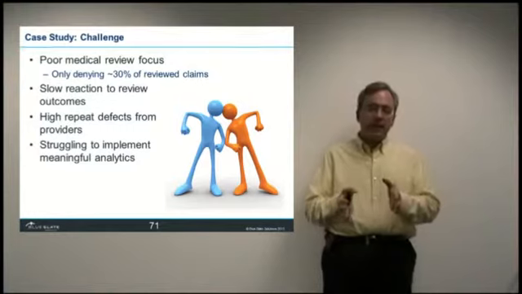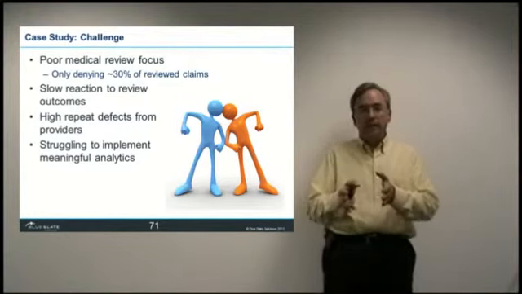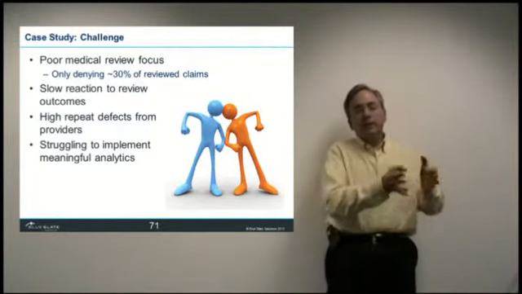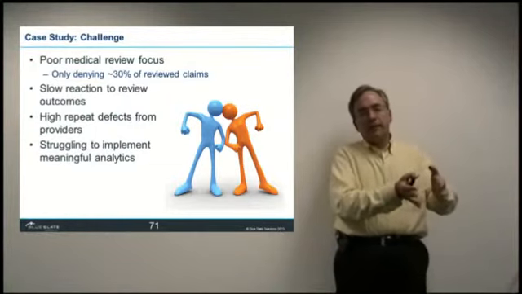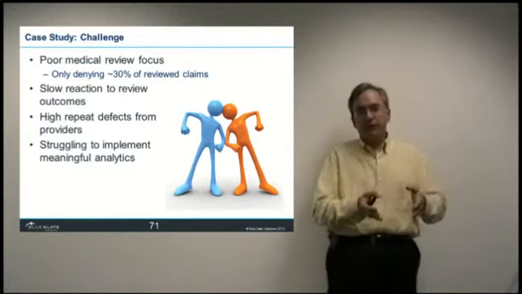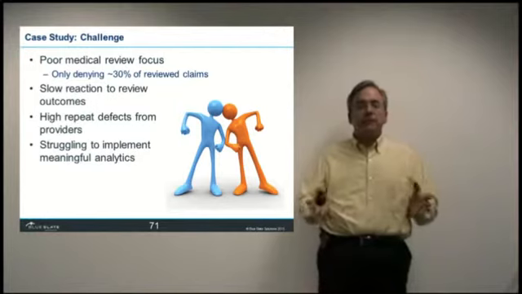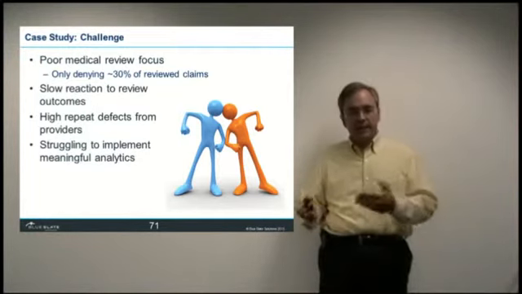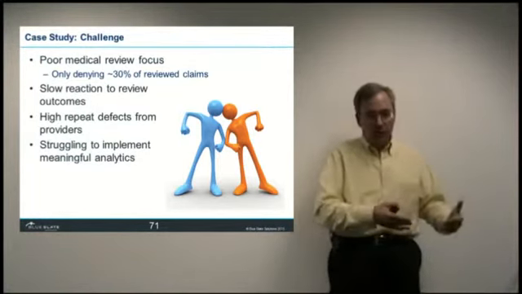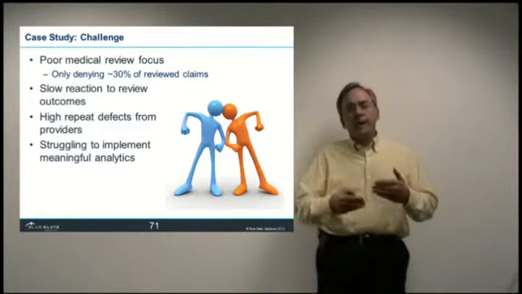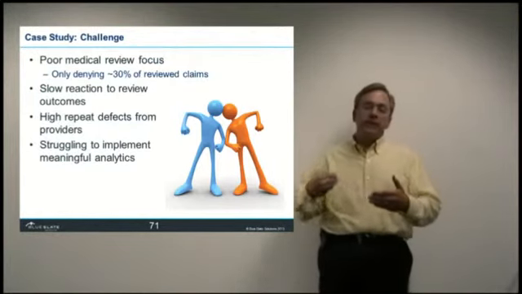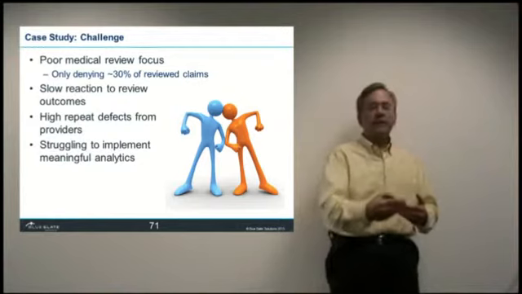They could be mistakes made by the people who code the claim based on the medical record, or they could be mistakes made as the doctor or nurse was going through some process. But a lot of times they could be human error. They don't understand what they needed to document. They don't understand what tests they should have run. And what was happening was that this company would deny the claim and tell the provider, hey, this is inappropriate.